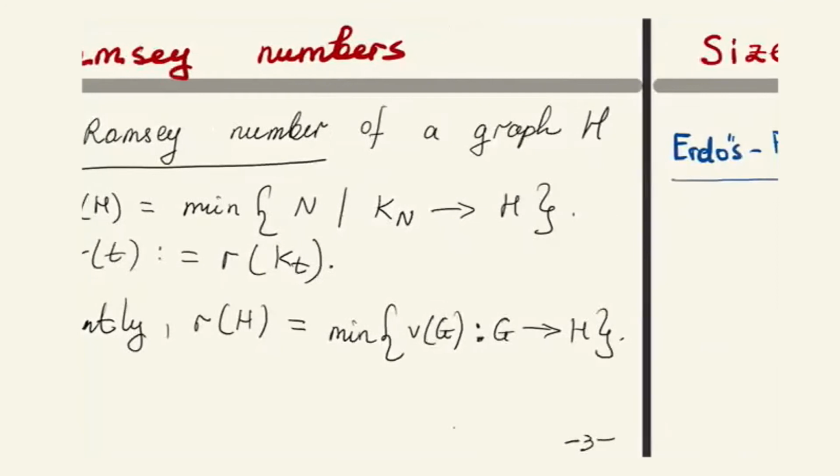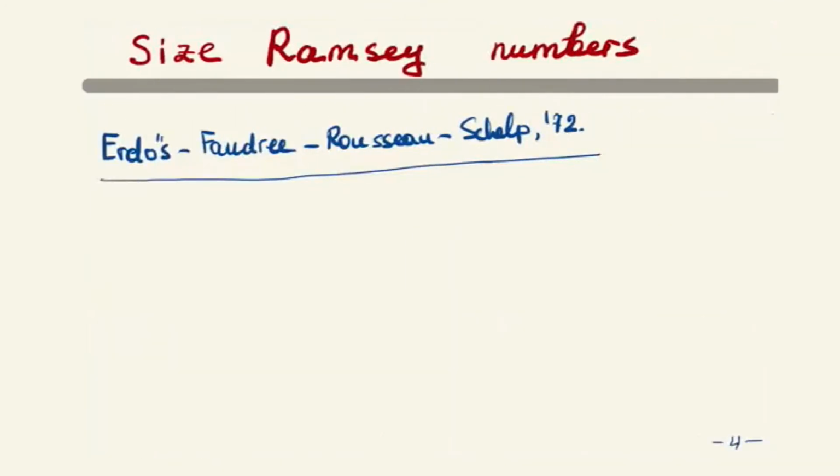So these are the classic Ramsey numbers. And the size Ramsey numbers, which were introduced by Erdős, Faudree, Rousseau, and Schelp in 1972, are defined as follows.